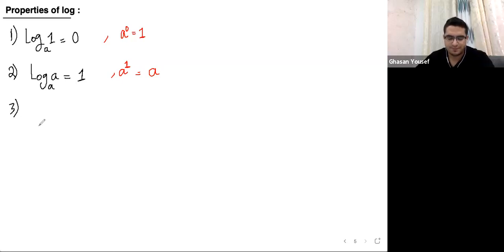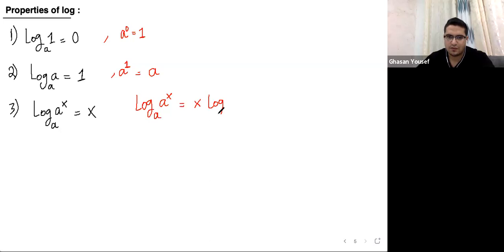Number 3, logarithm a to the power x with base a equals x. Actually, this is correct. Why? Because we have to put the x in front.